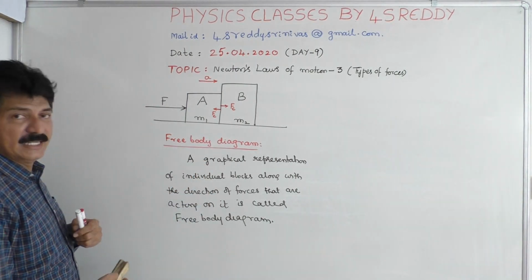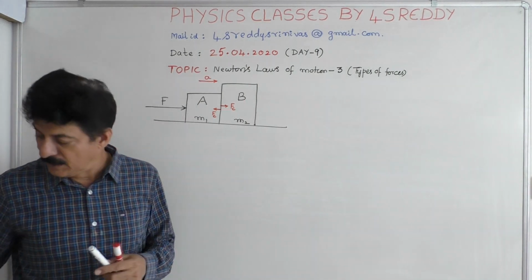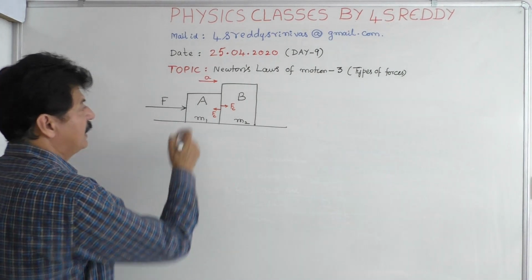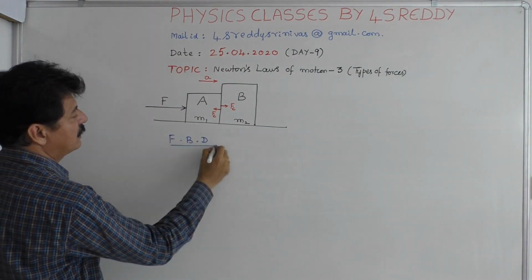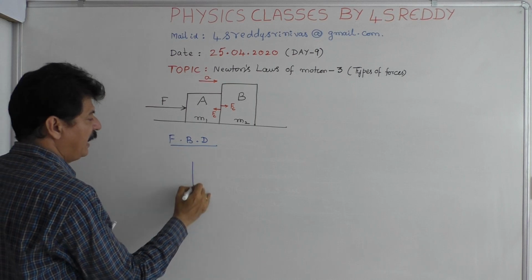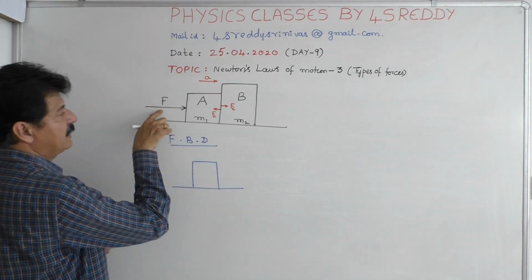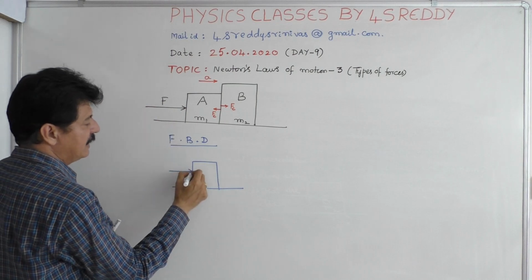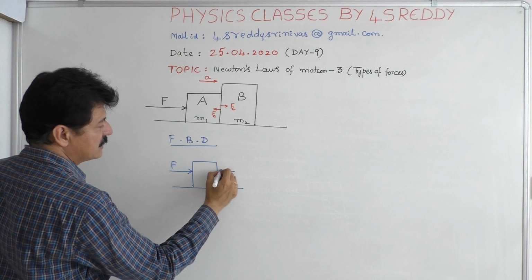Now once you got the idea of this, observe the free body diagram for block A. What are the forces acting? The applied force F acts in this direction, and the contact force Fc acts in this direction.